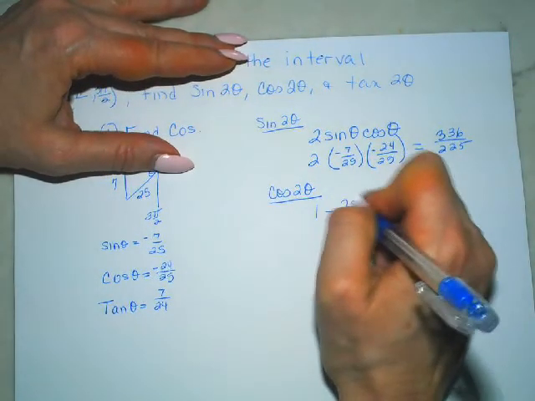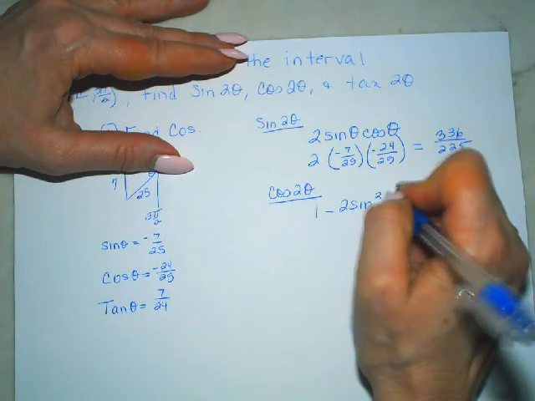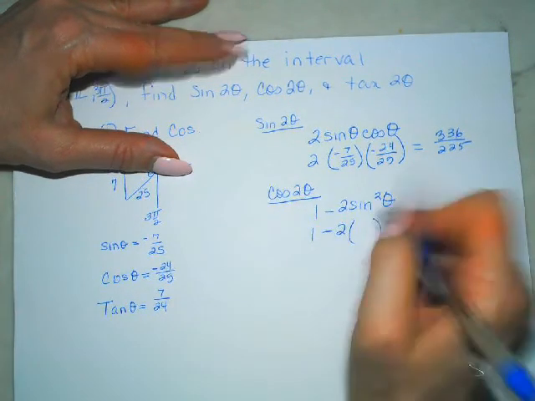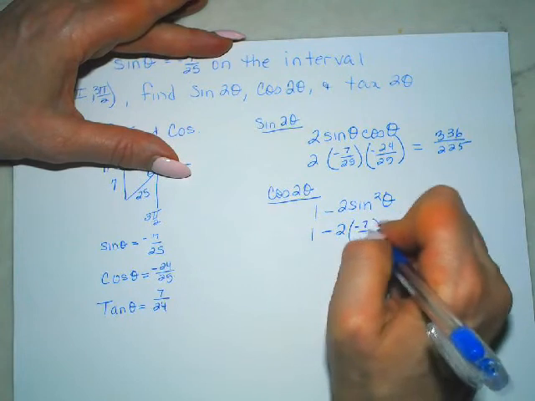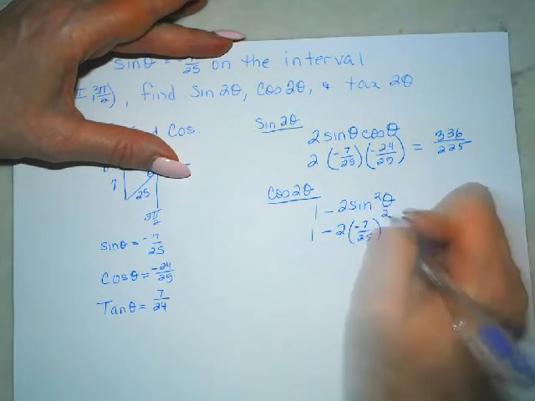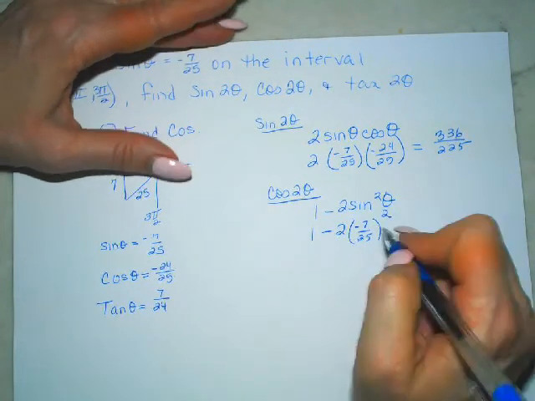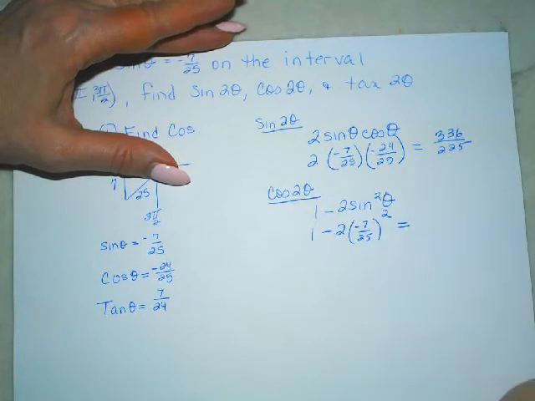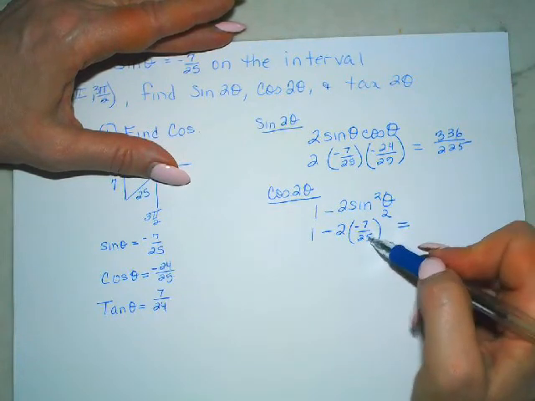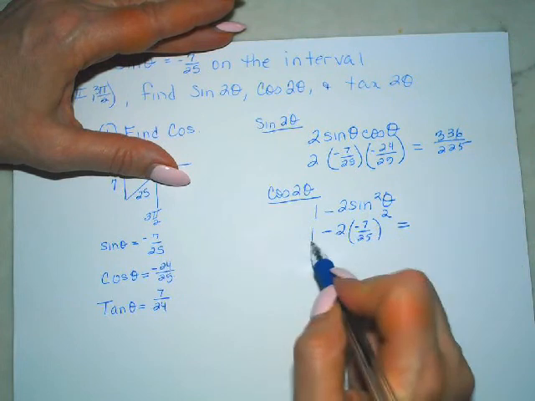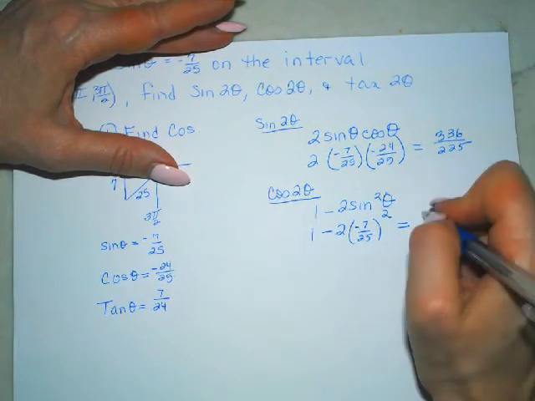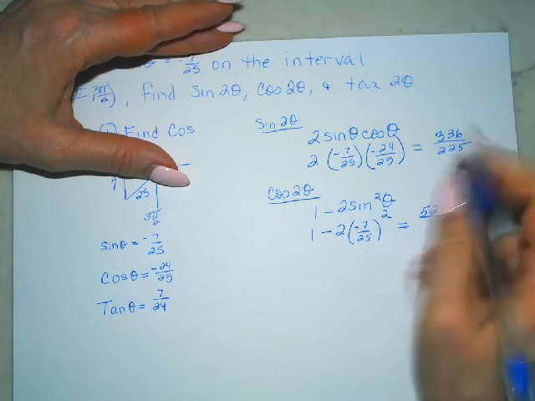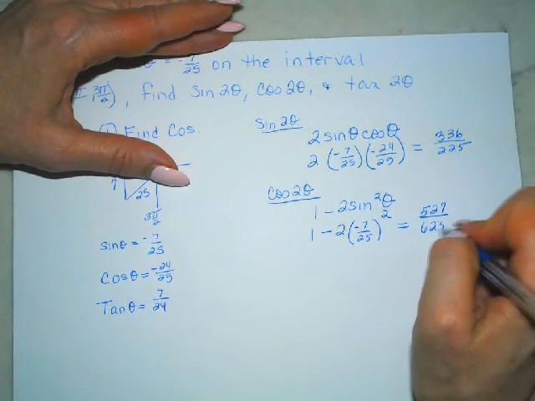So that is 1 minus 2 times the sine squared theta. 1 minus 2 times negative 7 over 25, squared. I'm going to do all the math, and I actually did it before the video to save some time. I'd square this first, multiply this by 2, and put this over the same denominator. Or, of course, you can use a calculator, but your answer should not be in a decimal. Make sure it's in fractional form.